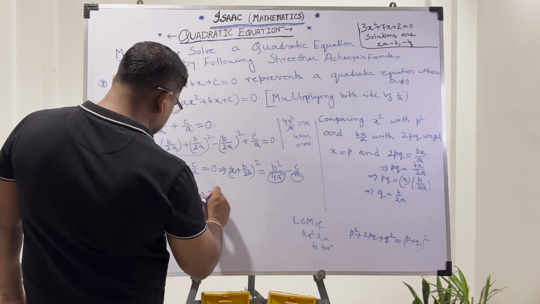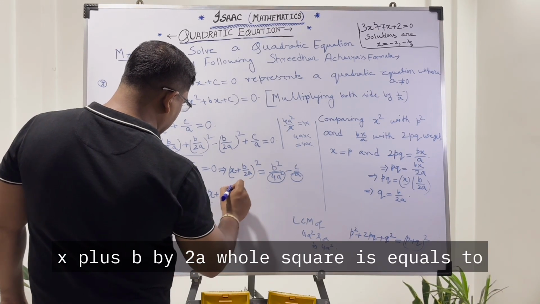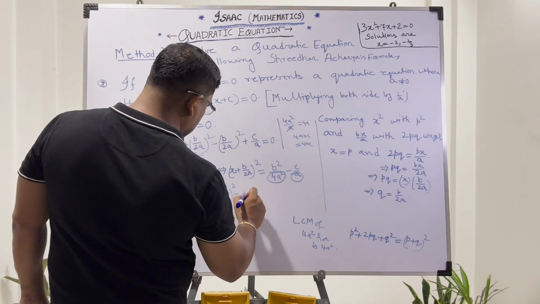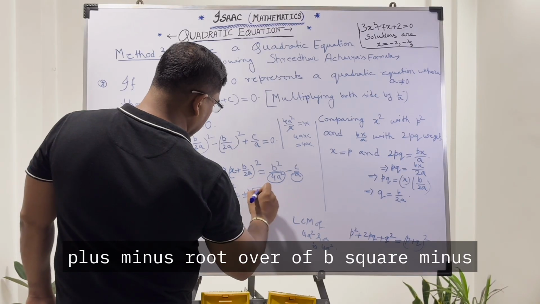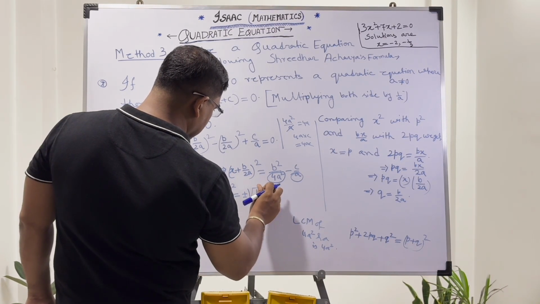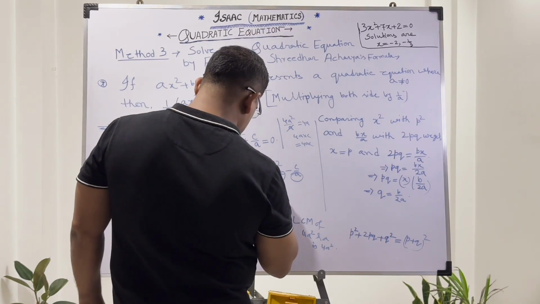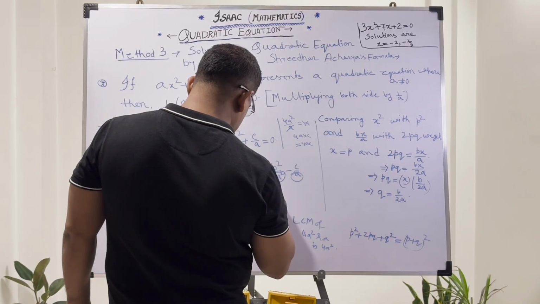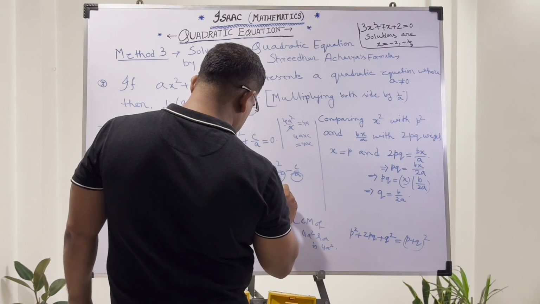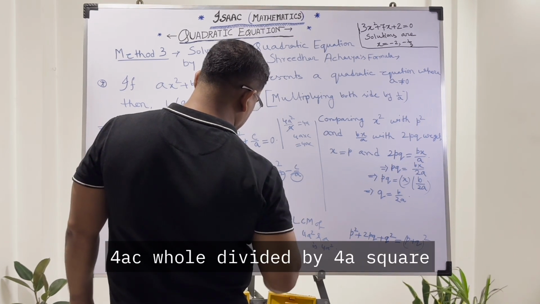This implies x plus b by 2a whole square is equals to plus minus root over of b square minus 4ac whole divided by 4a square.